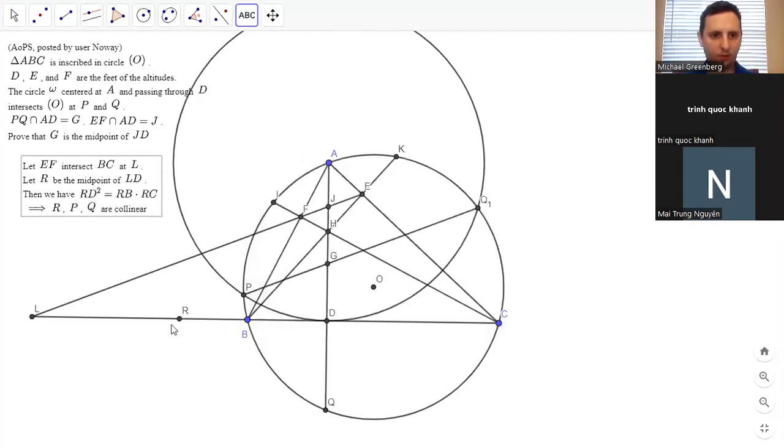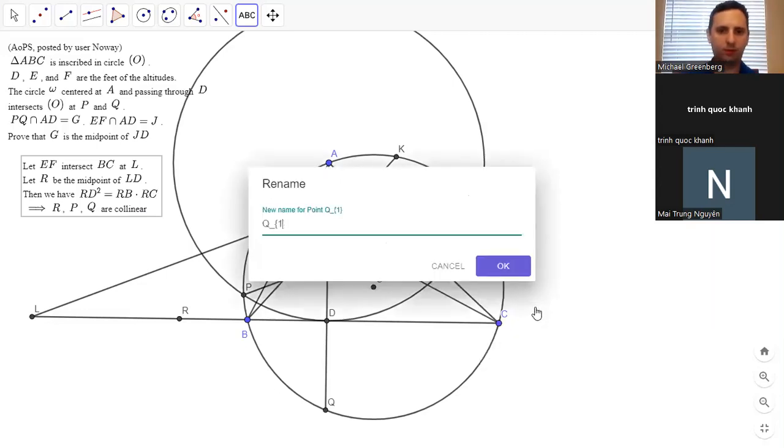Okay, so RD squared is RB times RC. That's because those are in harmonic conjugation, like you said. And that means that, oh, whoops.